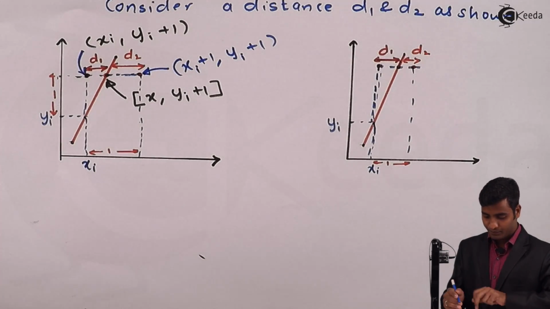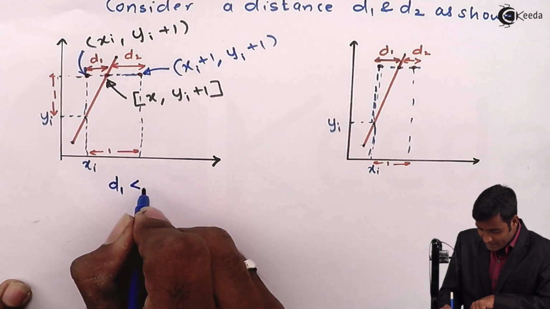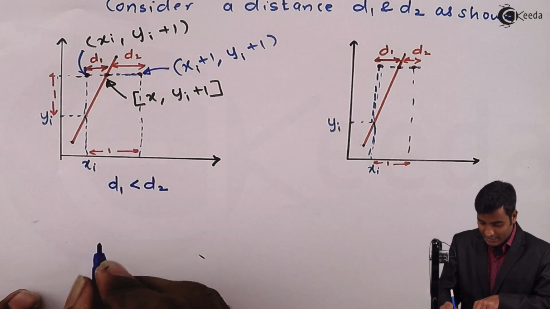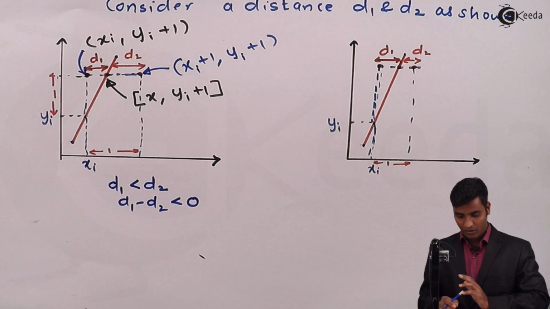So here d1 is less than d2, which means that d1 minus d2 is less than 0.